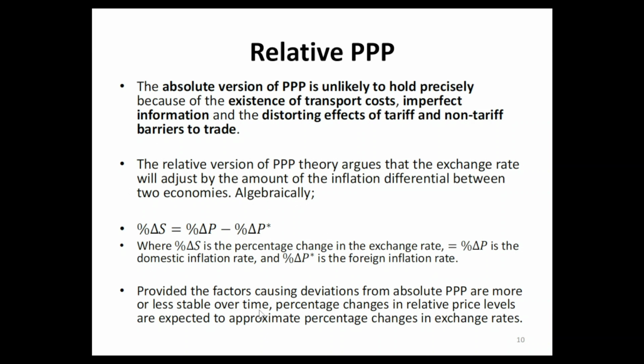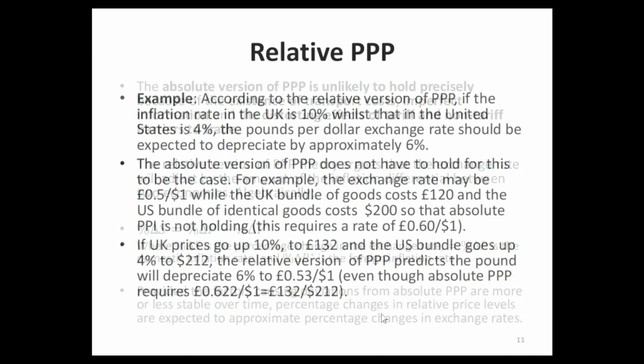So provided the factors causing deviation from absolute purchasing power parity are more or less stable over time, the percentage change in relative price levels is expected to approximate the percentage change in the exchange rate, right? ይሄን ይመስላል ማለት ነው.